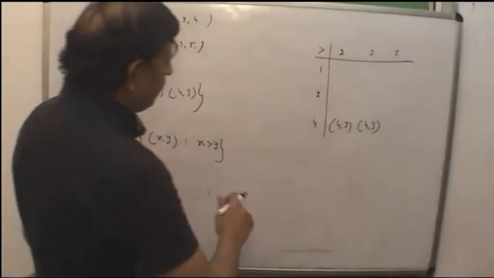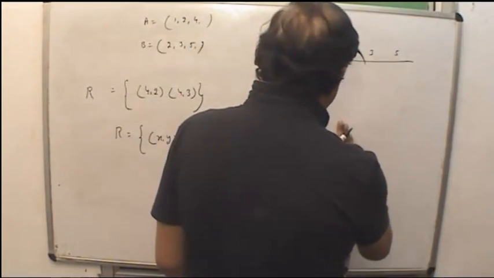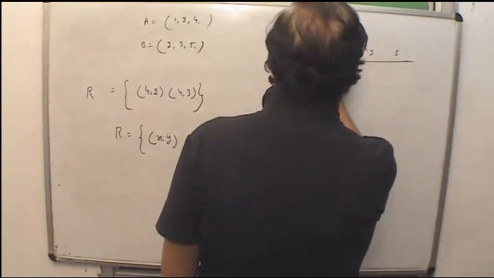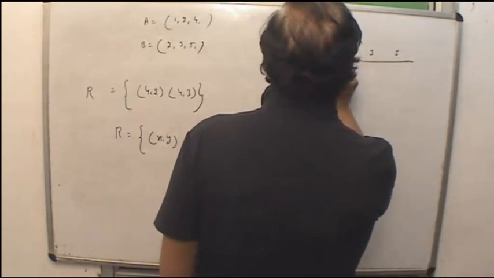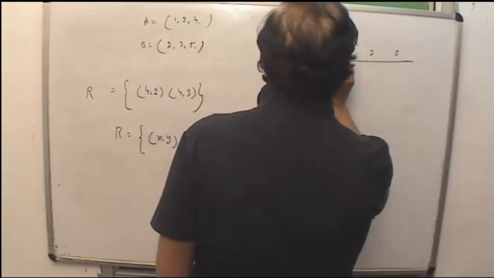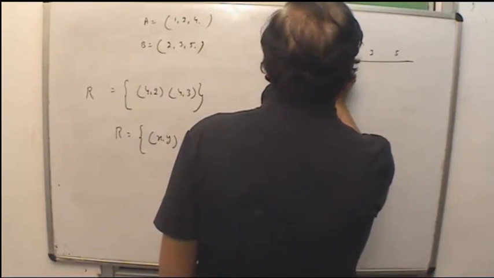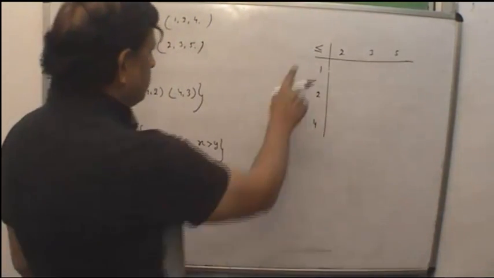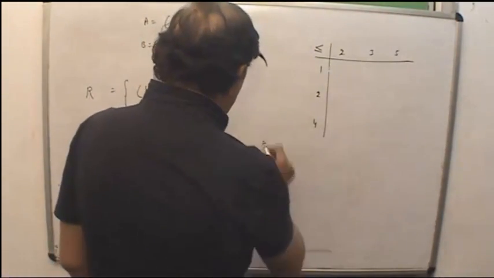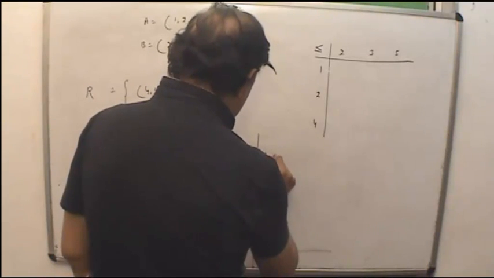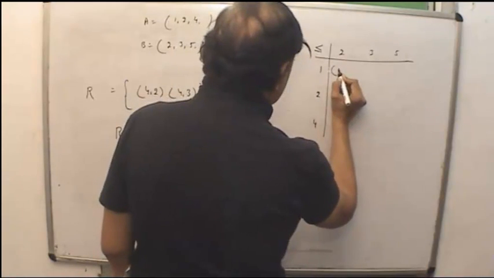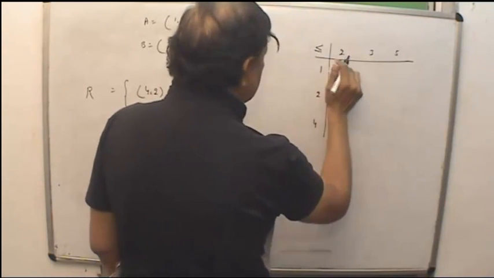Or we can consider another example, say less than or equal to 2. We have considered also 2. Again we write the relation here. 1,2 we can consider because 1 is less than 2.